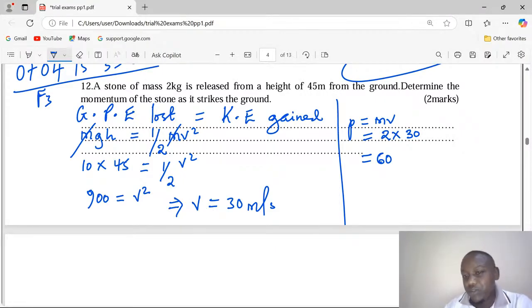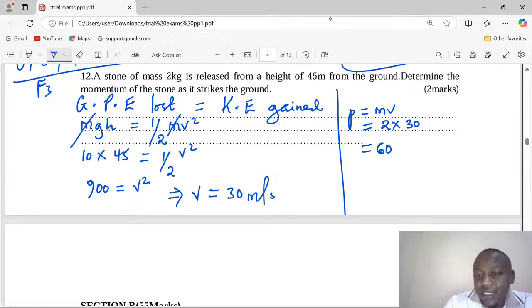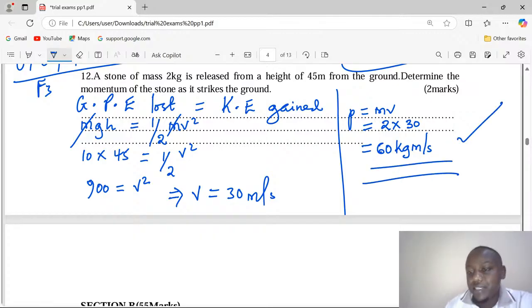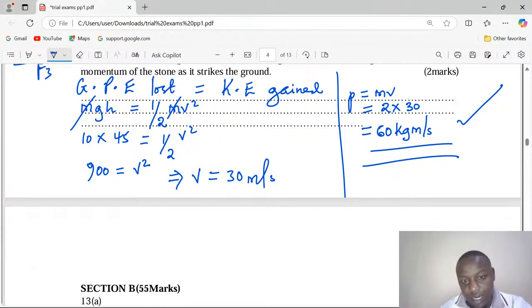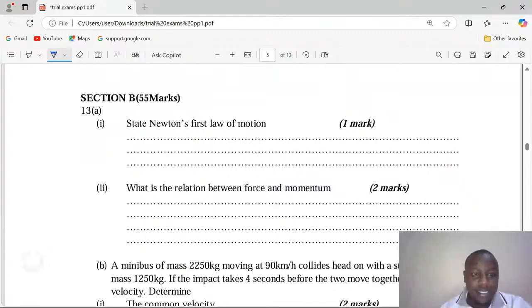Mass is in kilograms, speed is in meters per second, so the unit is kilogram meter per second. We call it a derived unit.